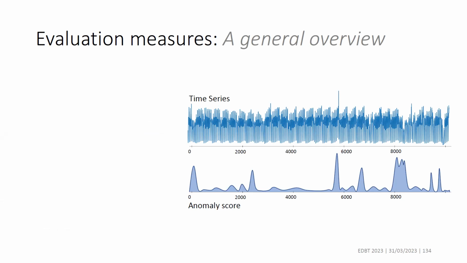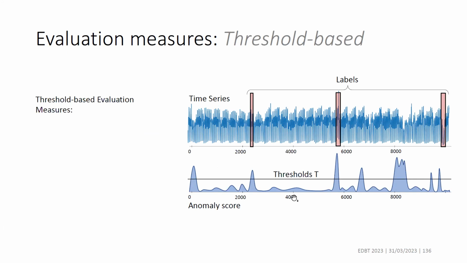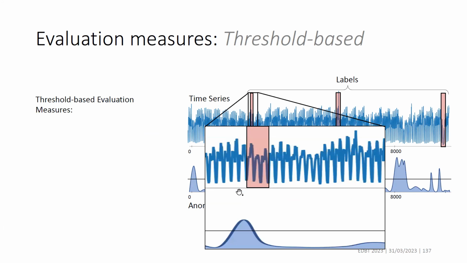Okay, so here you see again a very nice time series with anomaly score. As I said, we have labels and we want to evaluate the performance of this anomaly score on these labels. One simple way is to say, okay, let's find a threshold value. This threshold here, when we have a look, corresponds to this.